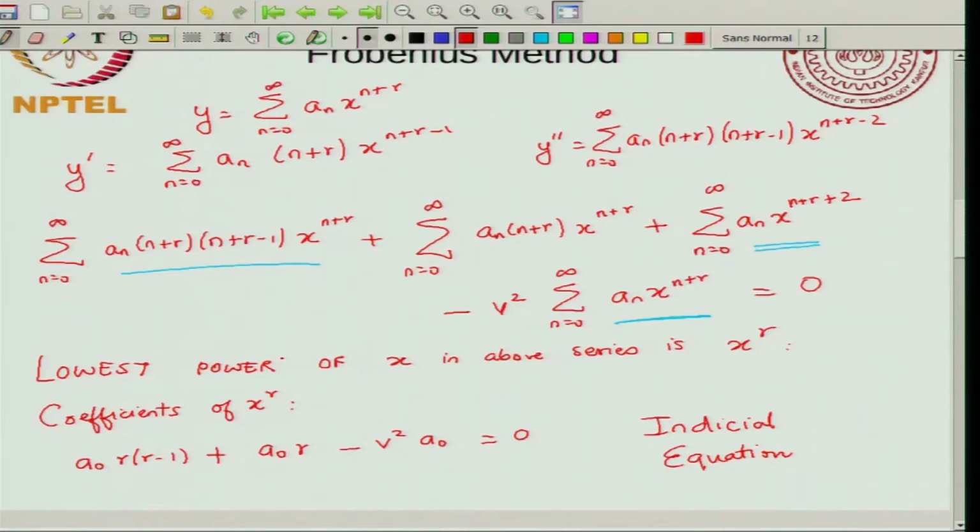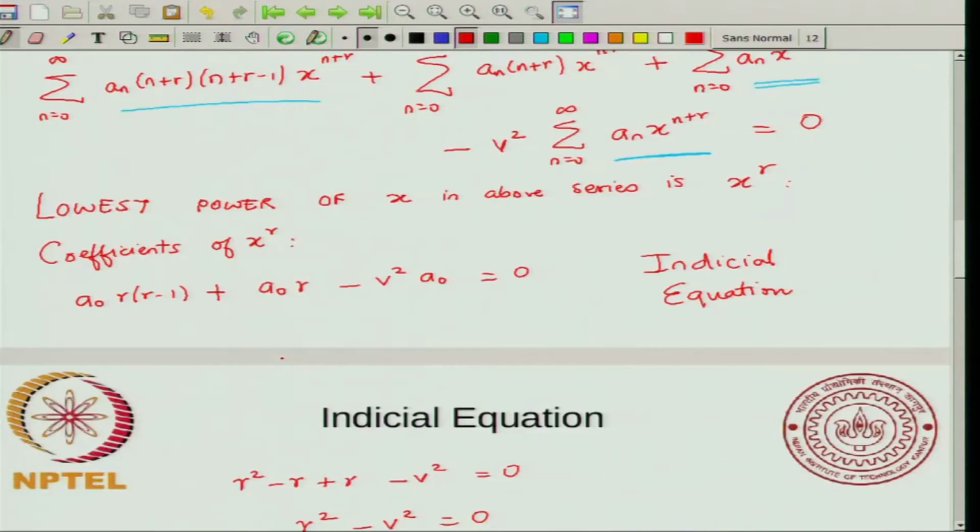Now what we are saying is that r equals v, and v is a positive integer. If we just take the recursion relation that we had, and put in that case where instead of r we have v, and v is a positive integer, let us go ahead and do that.